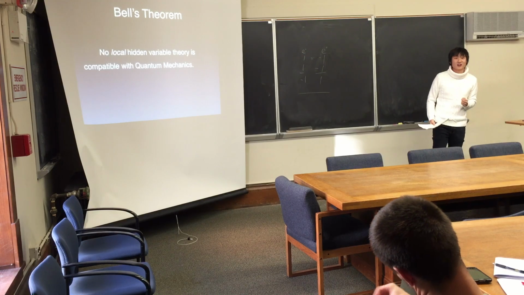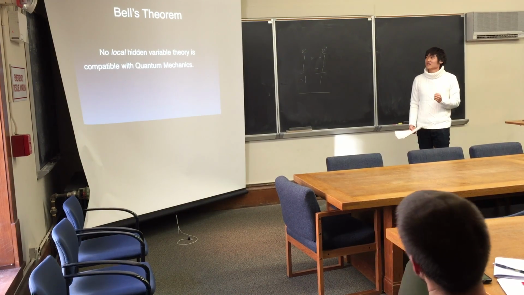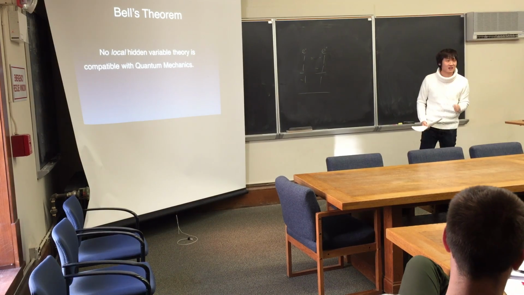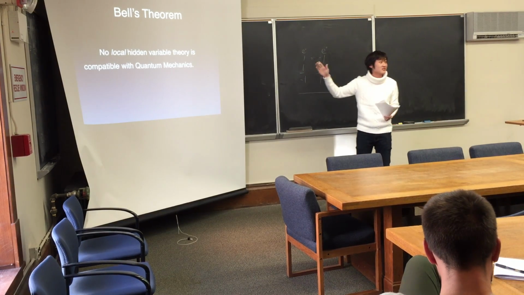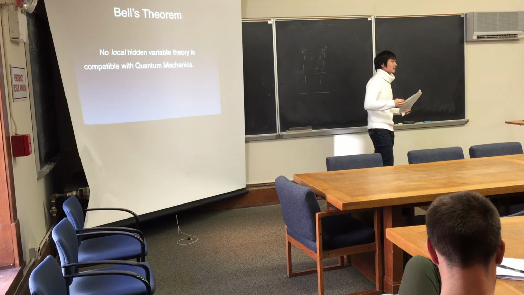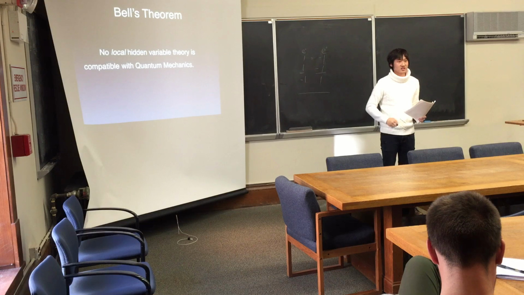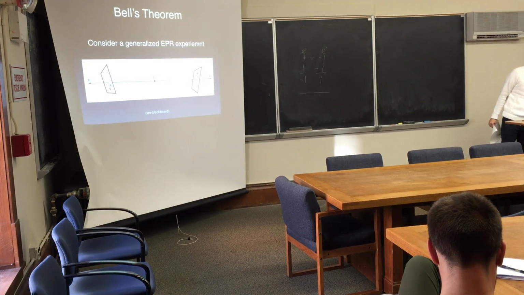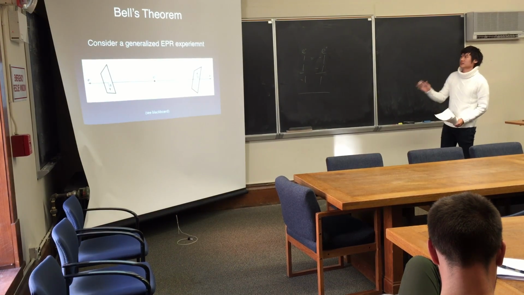Surprisingly, his argument is very natural and not very sophisticated compared to the theorem he's arguing for. What he really thought of is a generalized EPR experiment, and we will see that.